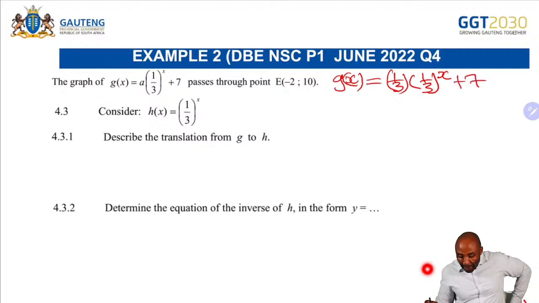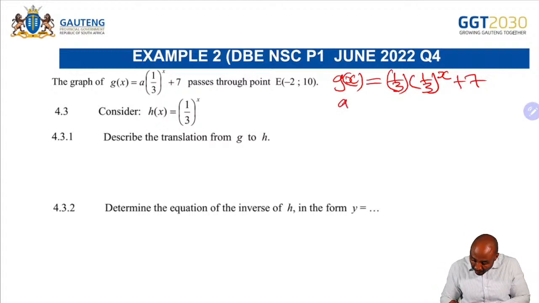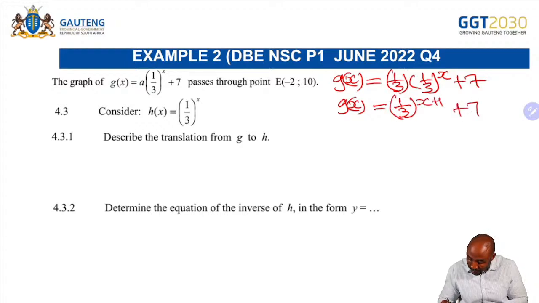Now, I can write g of x, as the bases are the same, using laws of exponents, as 1 over 3 to the power x plus 1, plus 7. You are moving from here to get h of x, which is 1 over 3 to the power x only.